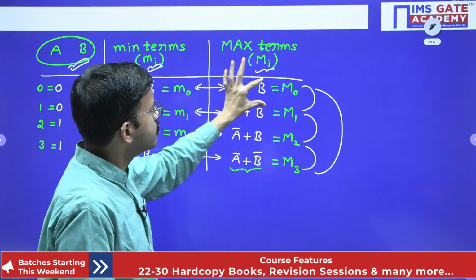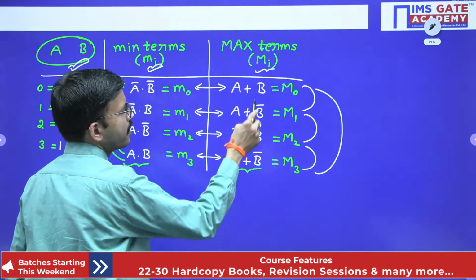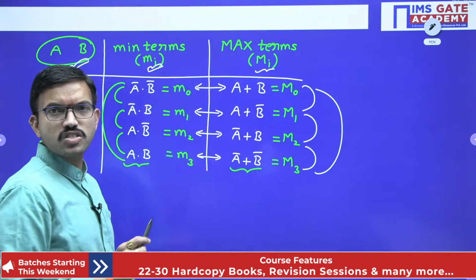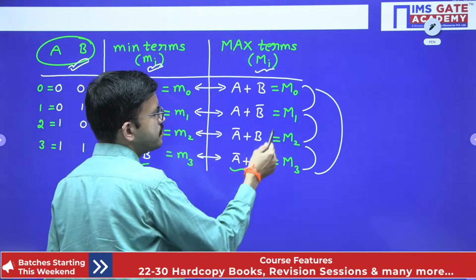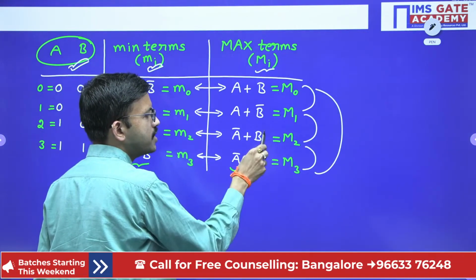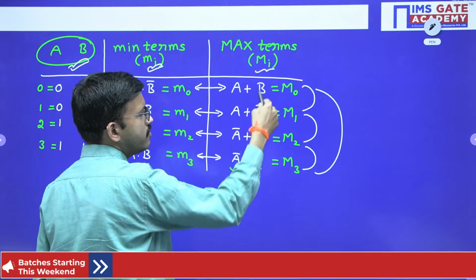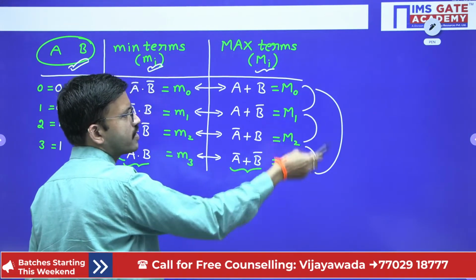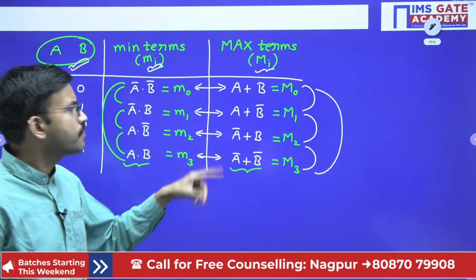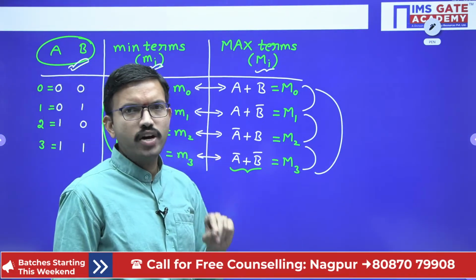Here b plus b bar is what? 1. 1 plus anything is 1, logical OR. Similarly, b plus b bar is 1. Once again the same approach. Even for the first and last also the same. The moment you perform addition of any two different max terms, the resultant value you are going to get is 1.